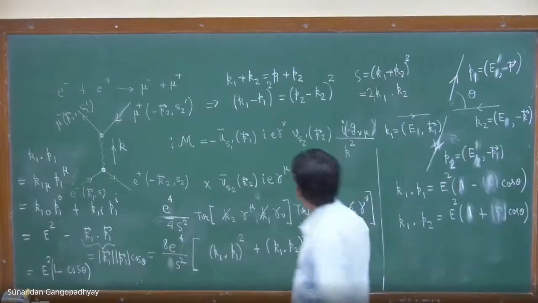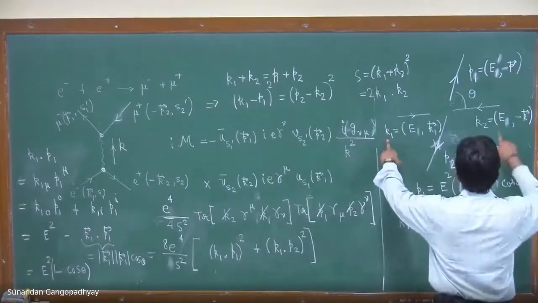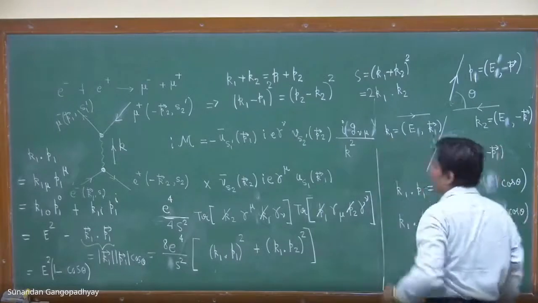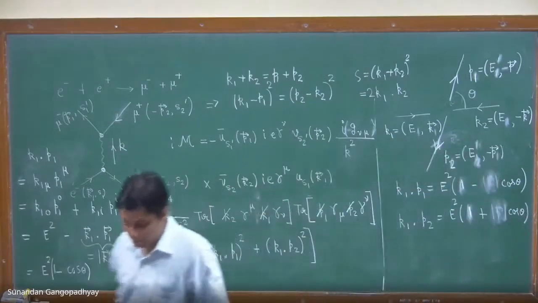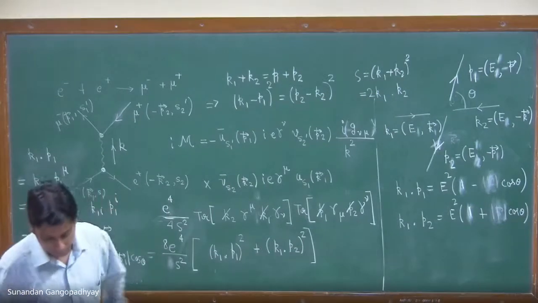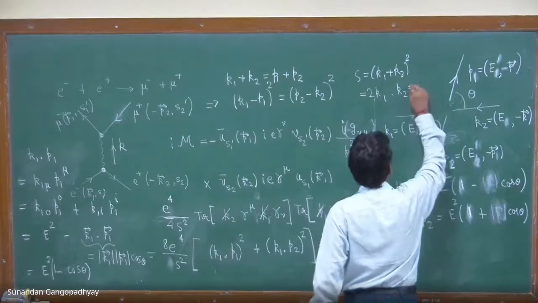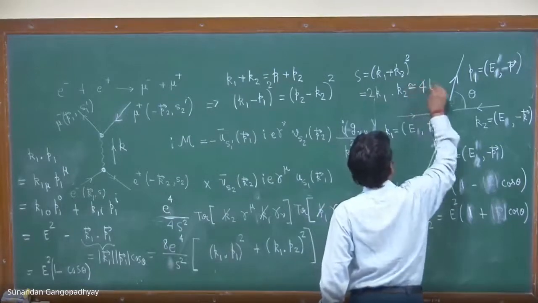But what is K1 dot K2? If you just calculate K1 dot K2 as we did in the earlier case, and neglect the rest mass of the electron, then you will see that K1 dot K2 is twice E square. So this is 4 E square.